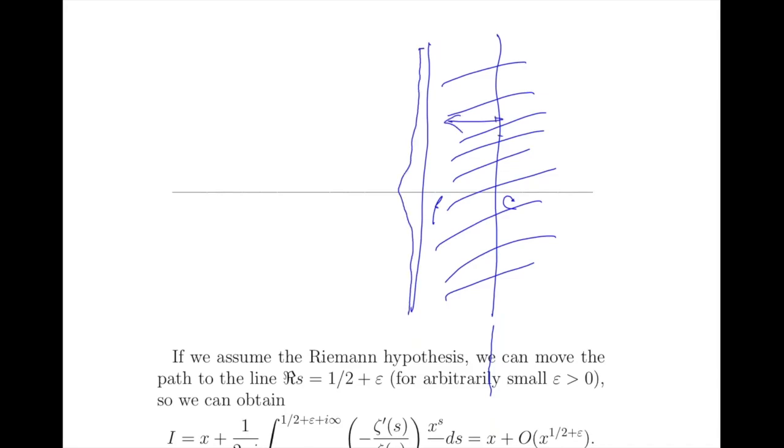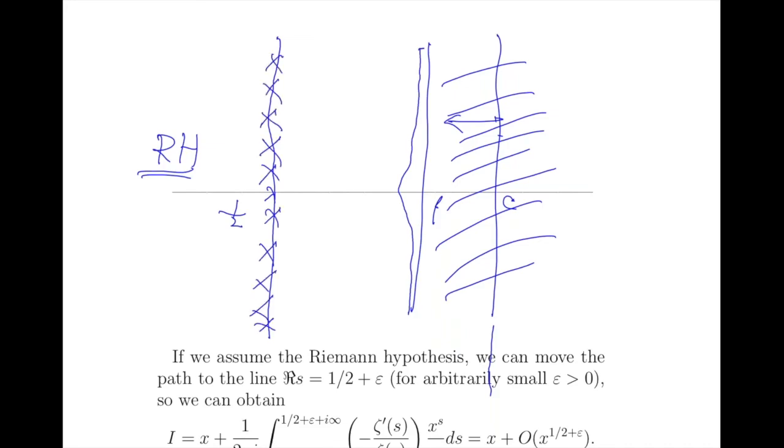But as we already mentioned, by the Riemann hypothesis, which is of course not proved yet, if it is true, then all the zeros of the Riemann zeta function are on this line, which means up to 1/2 these are zero free regions of the Riemann zeta function. Therefore, we can move the path of integration to this part. Maybe this is 1/2 plus epsilon for any positive epsilon.